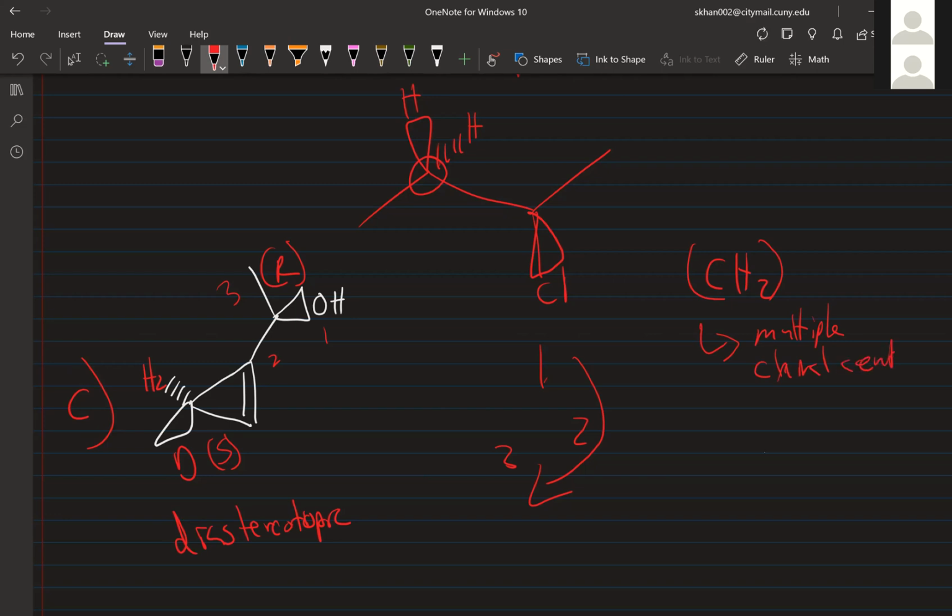Just a quick pattern recognition you can remember: multiple chiral centers, diastereotopic. If you don't have any other chiral centers, then they'll all be enantiotopic, right? So kind of important.